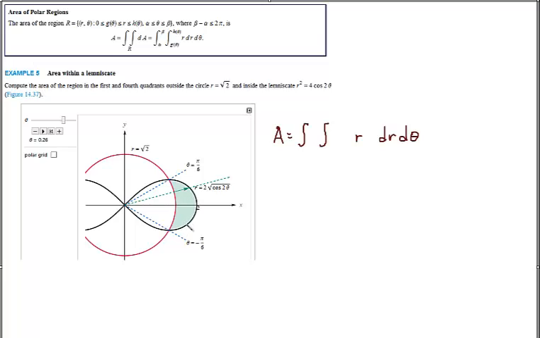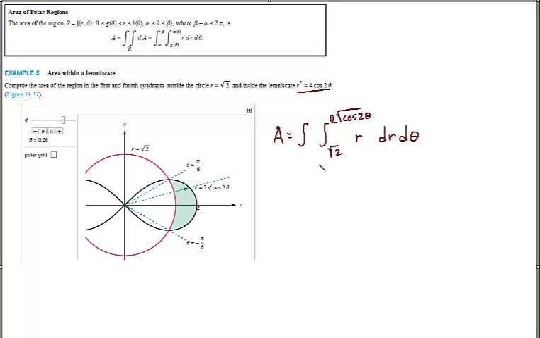For my r, this radius is going to be this outside circle, which, when I write this in just terms of r, is r equals the square root of that, which is 2, and then square root of cosine 2 theta. And then this leftmost part is a circle of radius 2, so I'll just write this as the square root of 2.